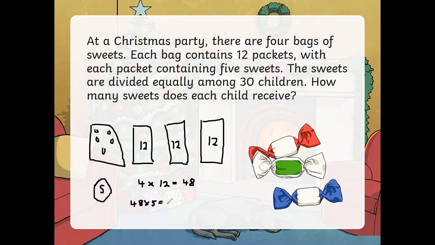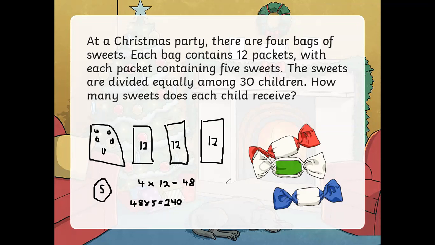Please do it the long way again. That gives us 240 sweets. So there are 240 sweets in total. And now it says that the sweets are equally divided among 30 children.